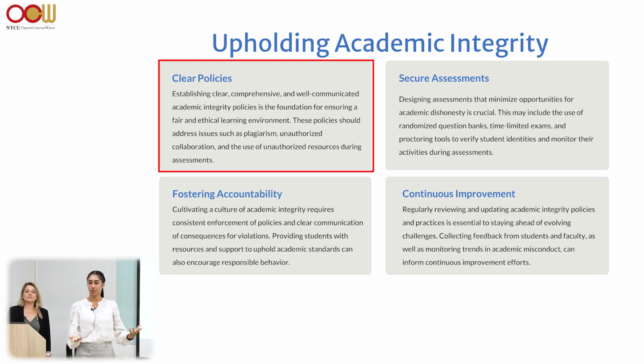So the first strategy that we share with our faculty is making sure that you have clear policies for your students. We want students to understand, and as faculty, you want to communicate to students what you expect of them, so that it is very clear that students know what is allowable, what isn't allowable, even the instructions and the directions.